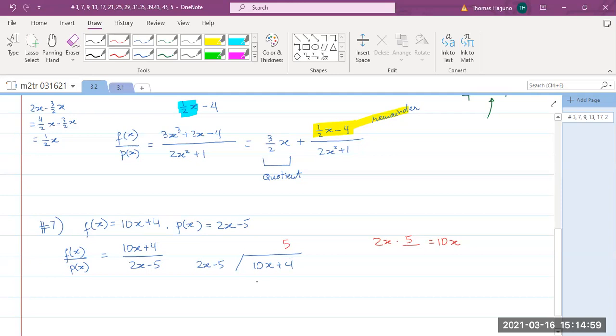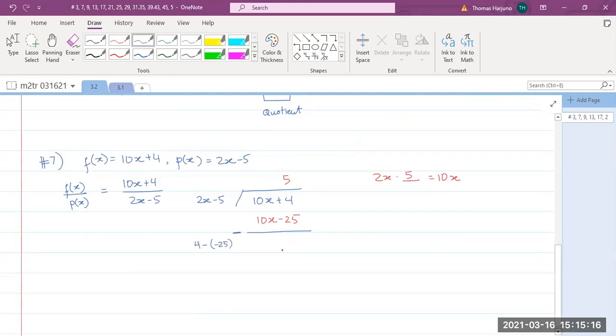So I will get 10x minus 25. Then when I subtract, be very careful, we are subtracting here. So it's supposed to be 4 minus negative 25. That gives us 29.